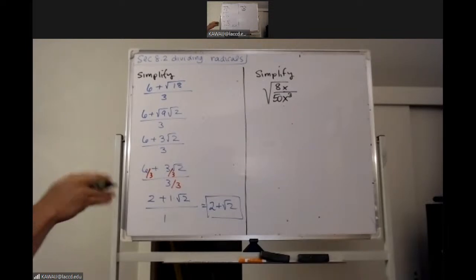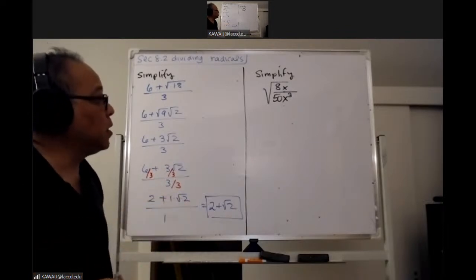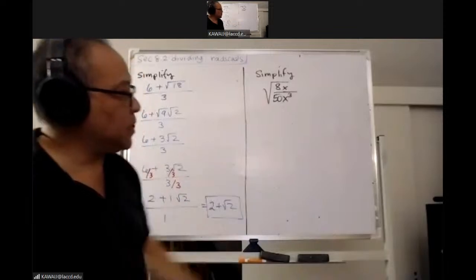Okay, now, if you get confused on this section, the video for this section is one I did. So all the stuff I do from now on is in that video.